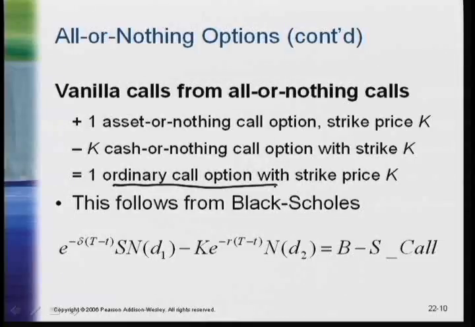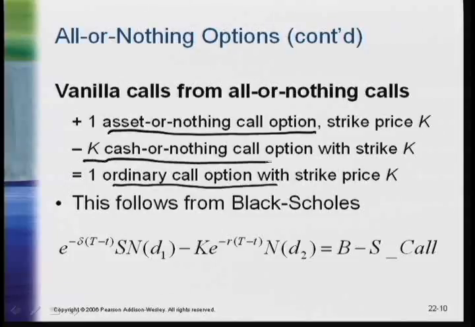For a vanilla call, we want one asset or nothing call with a strike of K, and we want to be short K cash or nothing calls. We want both call options because we want both parts to be in effect when the stock price is above K. In particular, we want to receive S, so we want to be long the asset call, and we want to pay K, so we want to be short K cash calls.